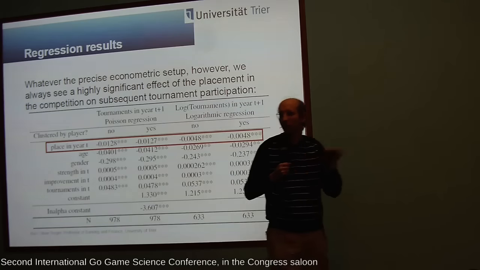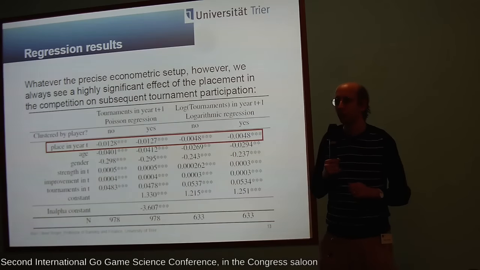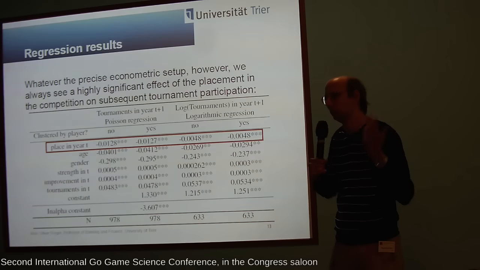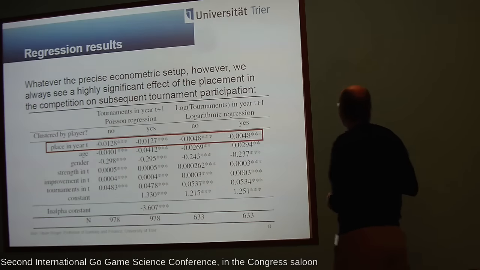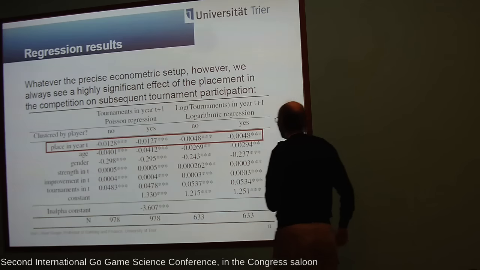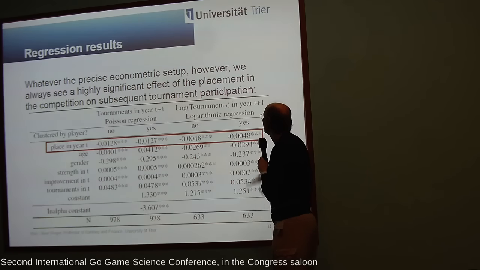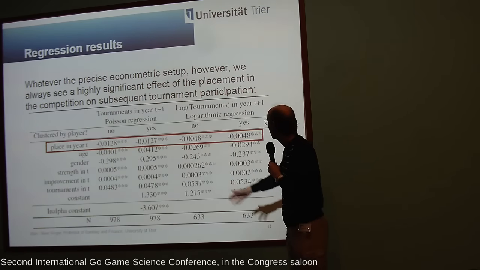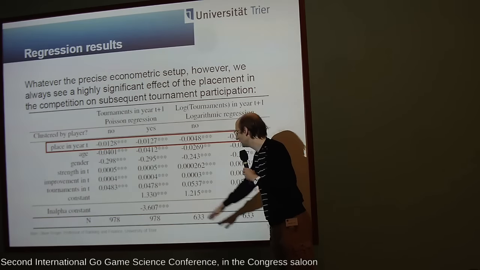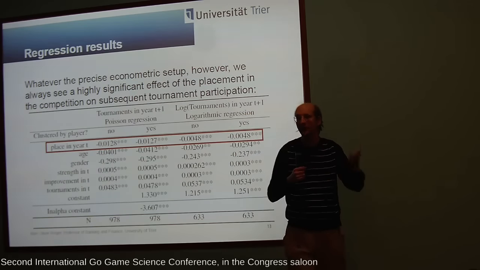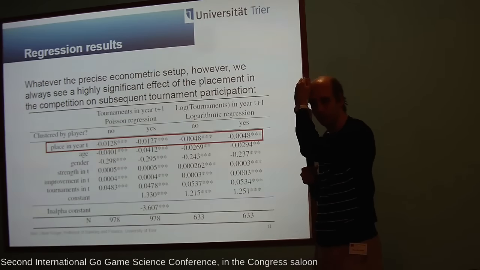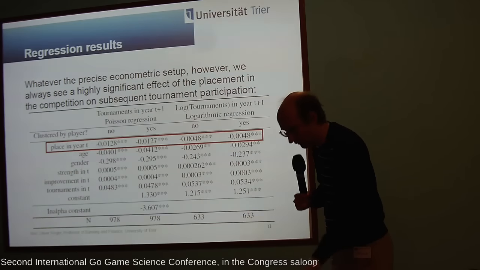Don't ask me why, but controlling for strength and everything, girls play more tournaments. Also nice. But in any case, that's just the side results. For us, these are just controls. And you see the N is relatively high. Here we excluded those who didn't participate in the subsequent year from the analysis. But still.